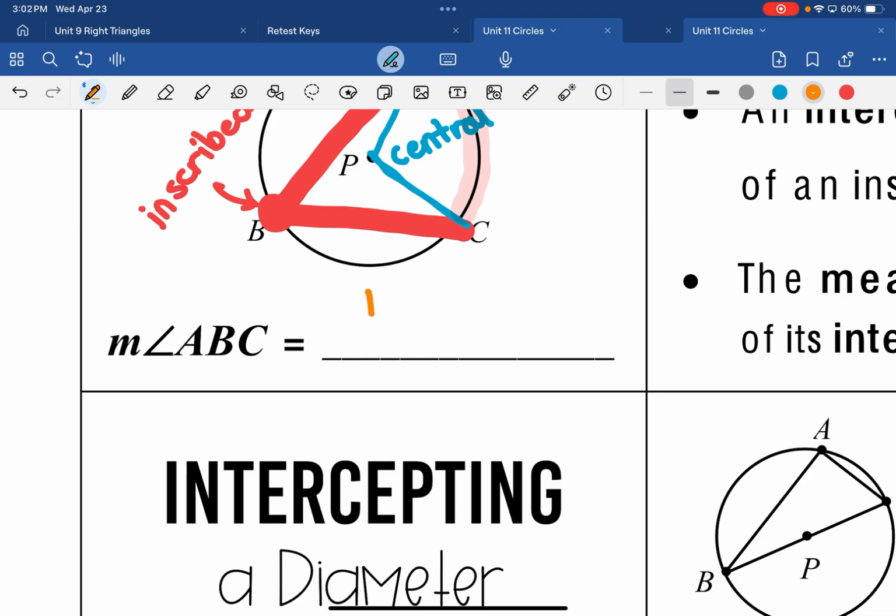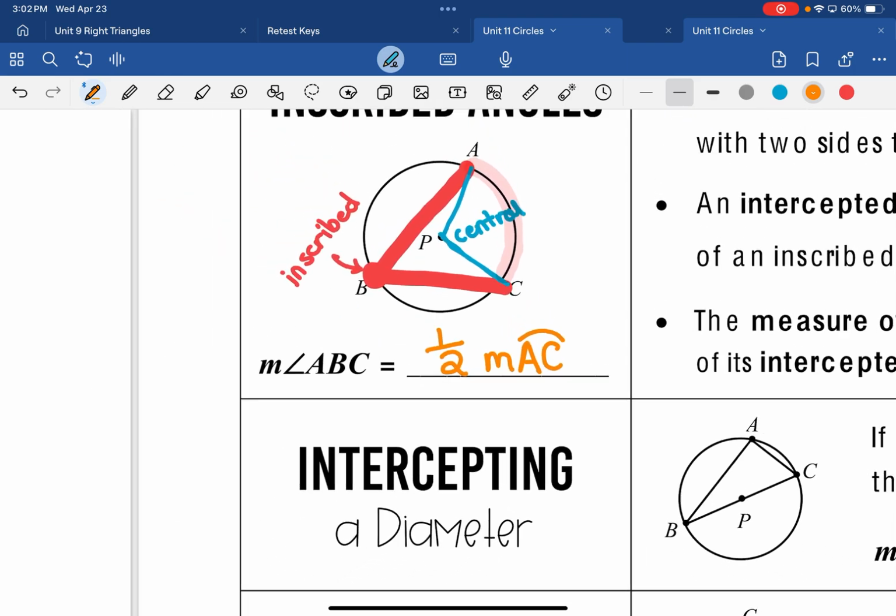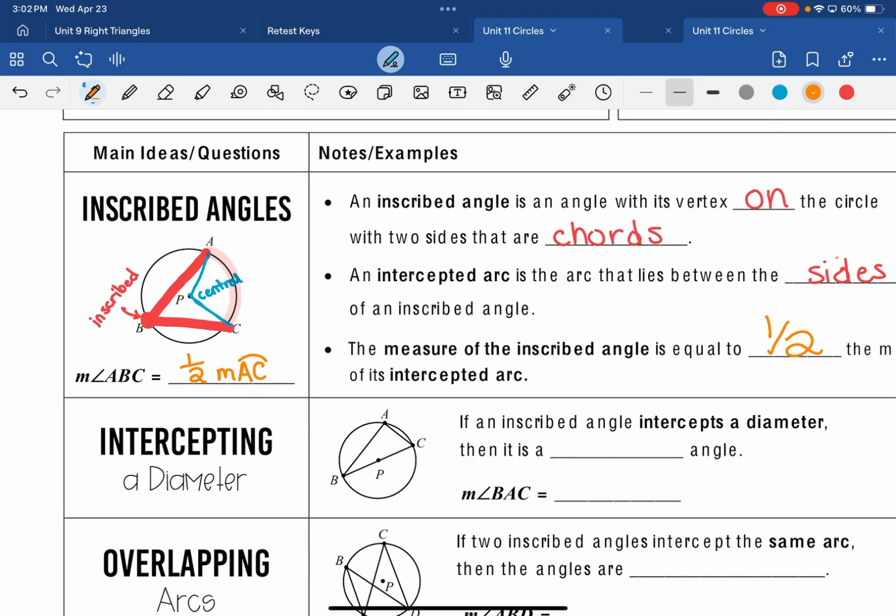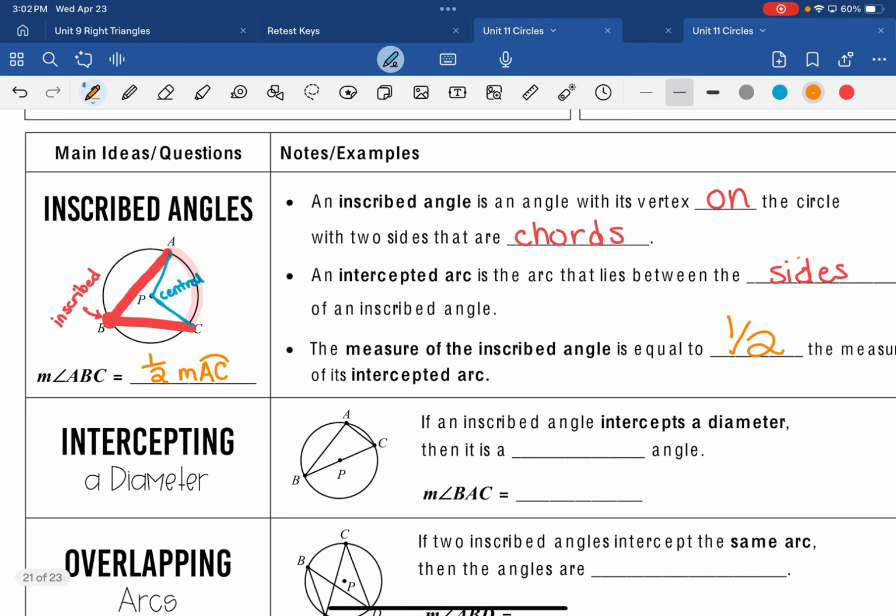To find the measure of ABC, we're going to find half of the measure of arc AC. So again, connecting this to central angles, inscribed angles have different relationships with the arc, but they both make an arc.